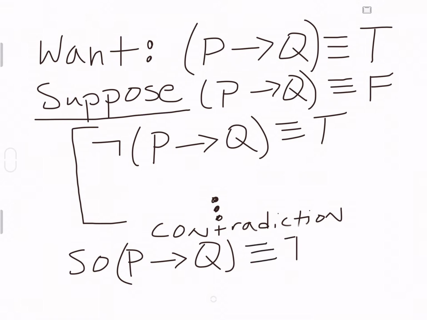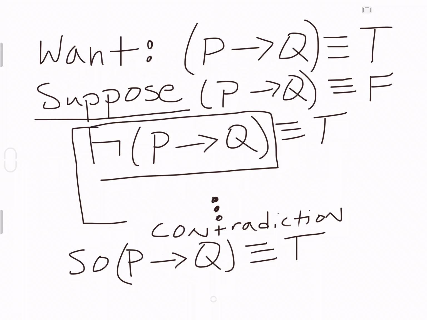Now, when we're doing this sort of proof, dealing with something like this, the negation of P implies Q is tricky.